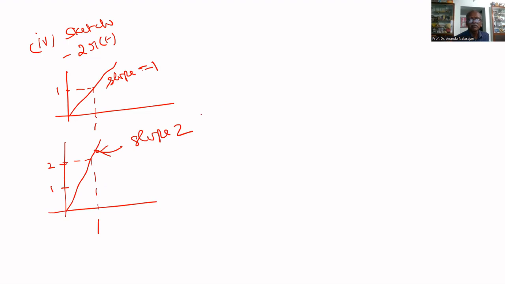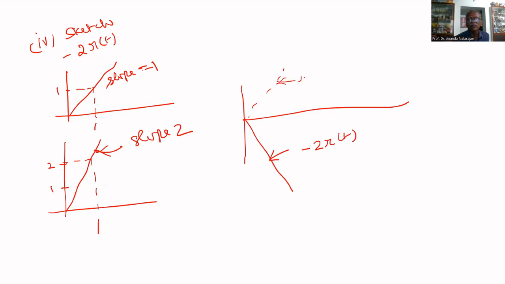Minus 2r means it will be inverted, a mirror image about the x-axis. This is 2r of t.